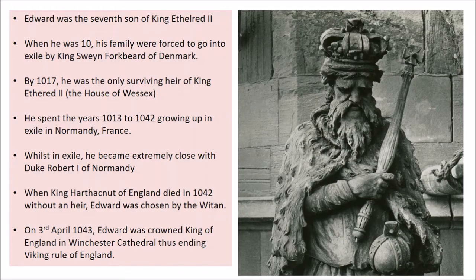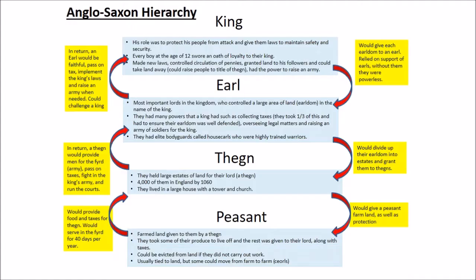Sometimes it is organized in a pyramid, but for this diagram, I've just put it in a ladder type shape. So a hierarchy is just a posh word for a system that's arranged in a clear order of rank or status. So for example, the more important people are at the top of this system and the less important people are at the bottom.